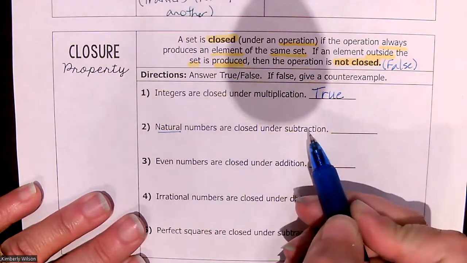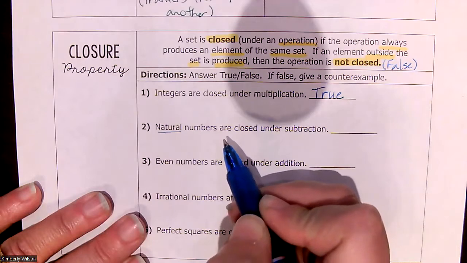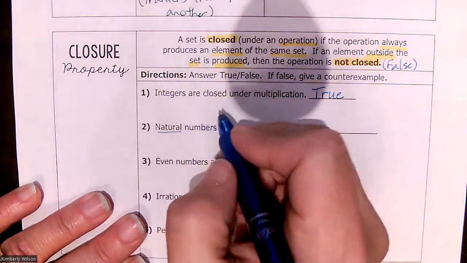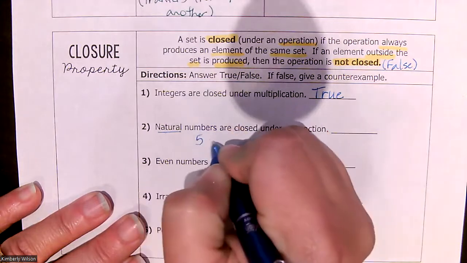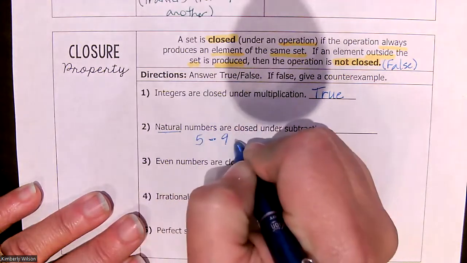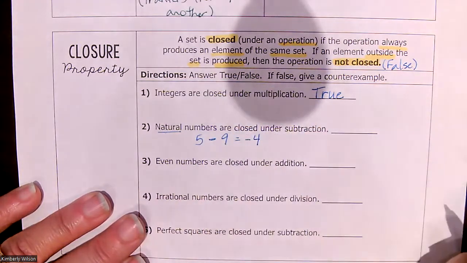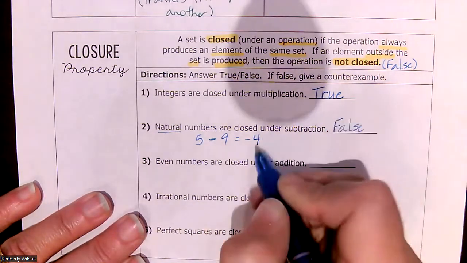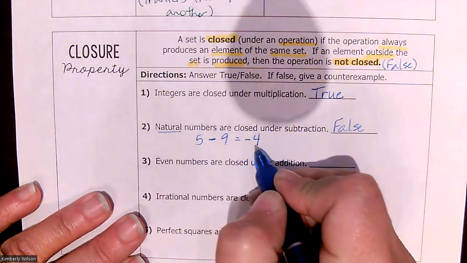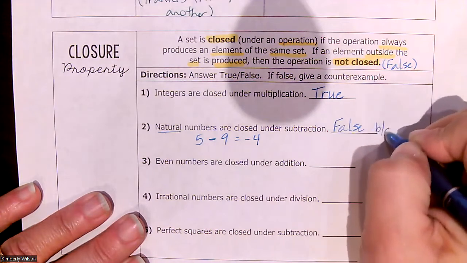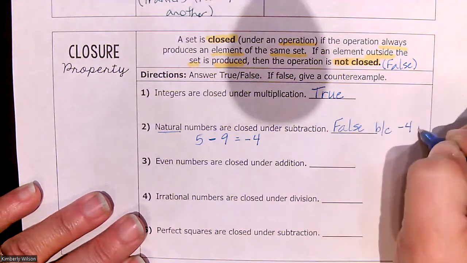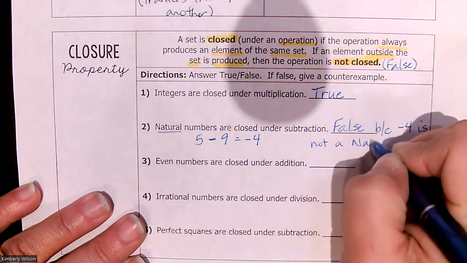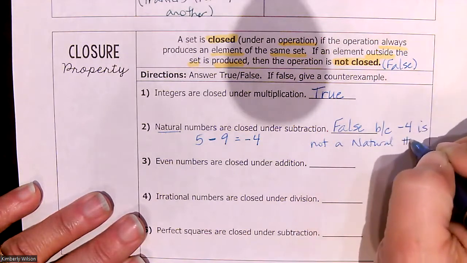Well, I'm not so sure about that because natural numbers, remember, those are all of the positive whole values except for 0. So if we came up with the example of 5 minus 9, that gives me an answer of -4. Well, that's false because -4 is not a natural number. So this is false because -4 is not a natural number.